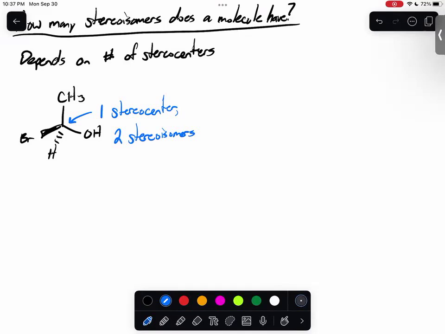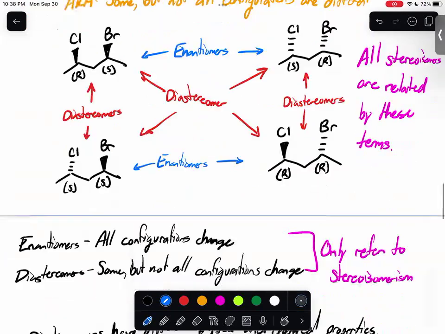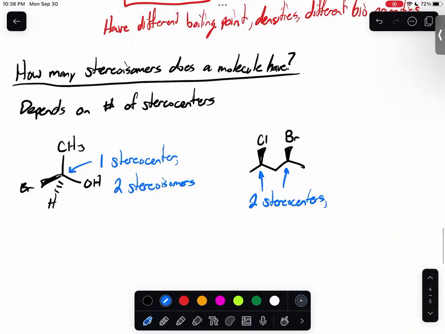But then as we moved on to this right here, this one had two stereocenters. And you'll notice that when we were filling out that chart, it has four corners for all the four different stereoisomers. So this one has four stereoisomers. Okay?